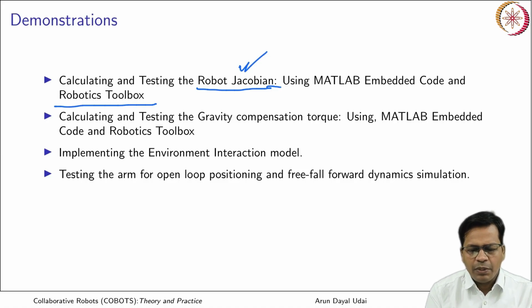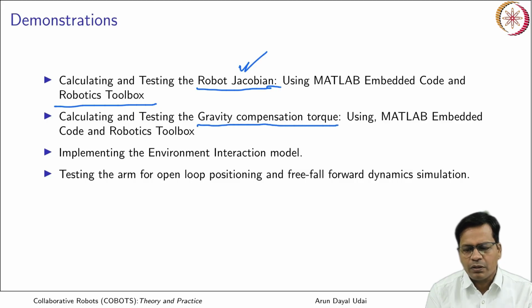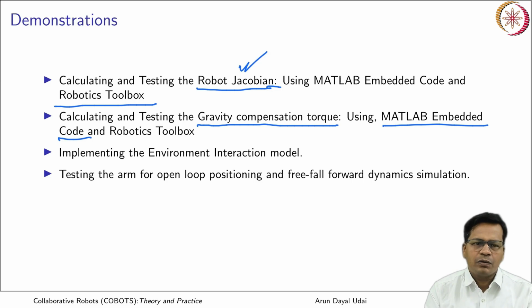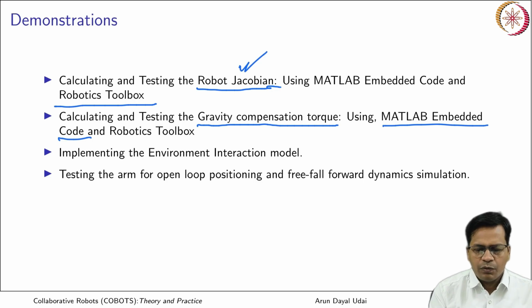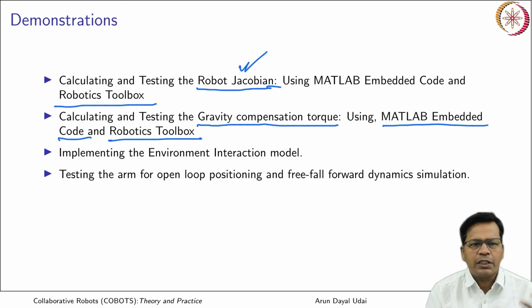Similarly, we'll be developing embedded MATLAB code in the MATLAB Simulink environment for gravity compensation torque. Again, we'll be testing it. If we are not using the robotics toolbox, we need to do it using MATLAB embedded code, and we'll test it before we actually use it in our force control algorithm.